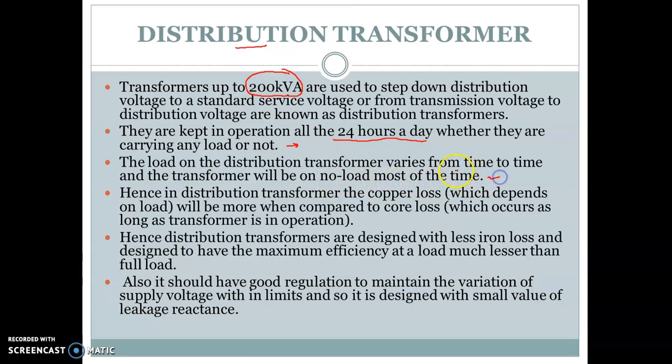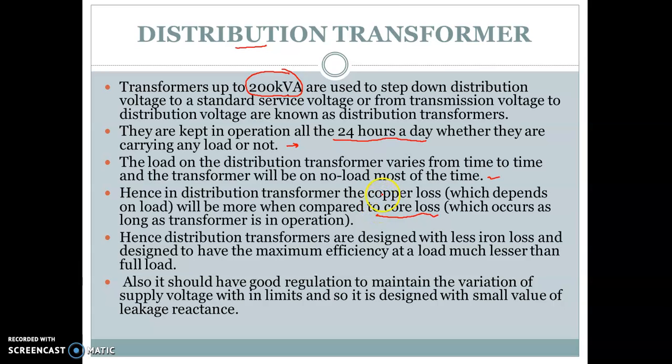Load varies from zero to full load. Hence in a distribution transformer, the copper loss, which depends on load, will be more variable when compared to the core loss. Core loss is a constant loss, while copper loss is variable and changing every time.